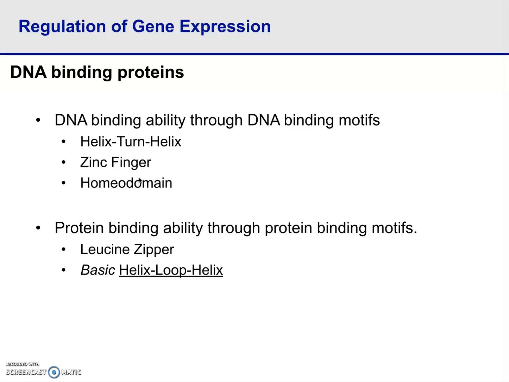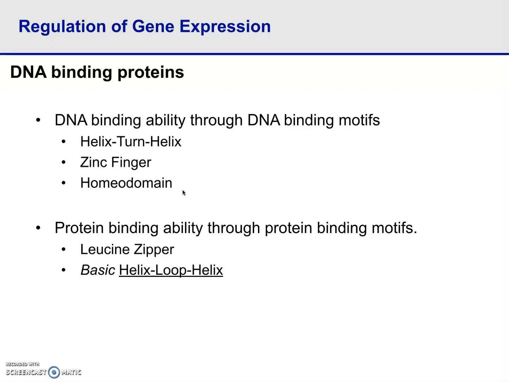So we will look into two different kinds of motifs, DNA binding motifs and protein binding motifs. DNA binding motifs have interesting names, but there's a reason behind them, and we'll talk about them in more detail in a moment. These are the three types of DNA binding motifs: helix turn helix, zinc finger, and homeodomain.